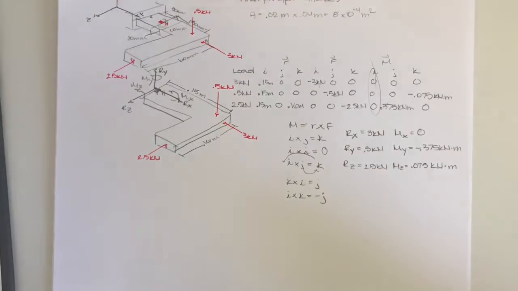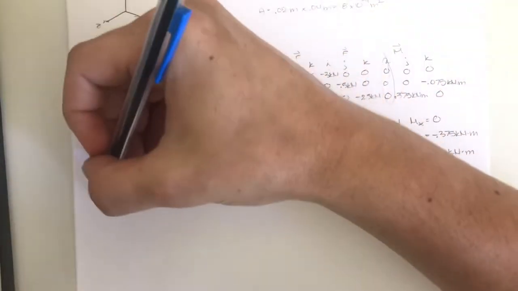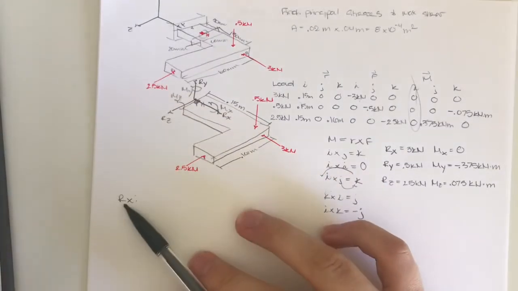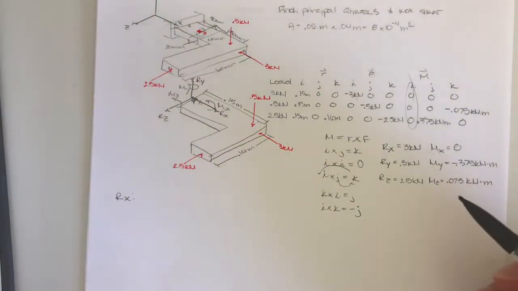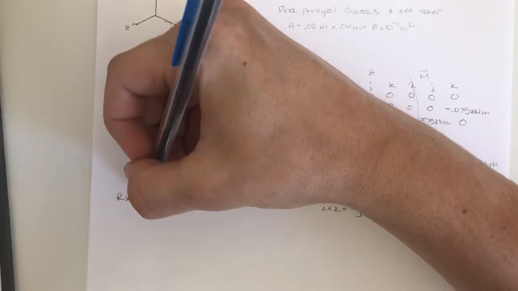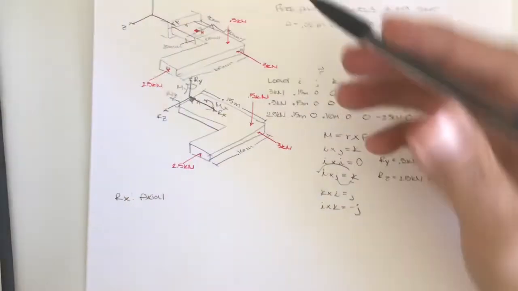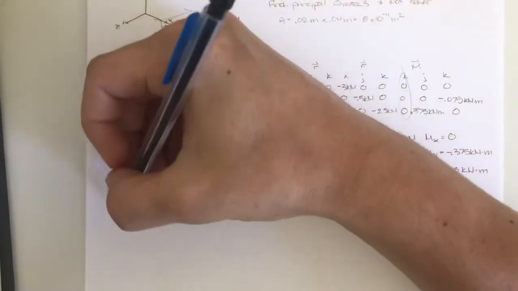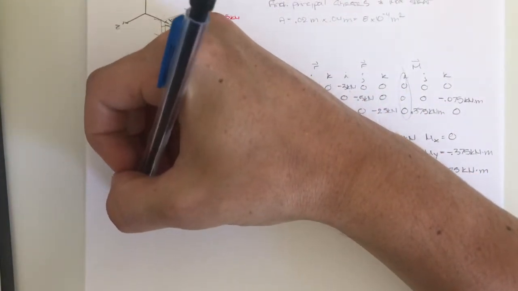Okay, so the first thing that we are going to solve for is the reaction in the x. We know that the reaction in the x would be an axial force, as we're going to look from the z-axis.